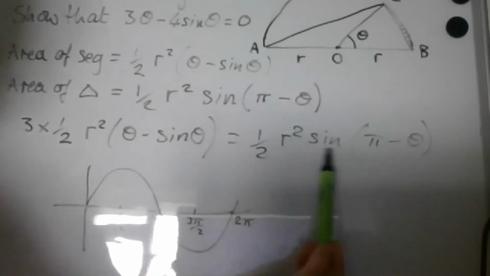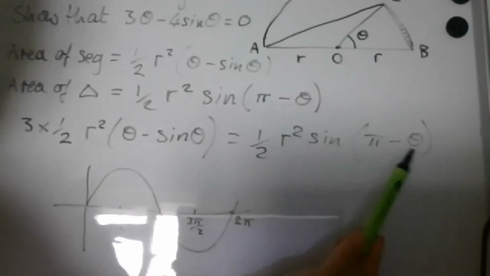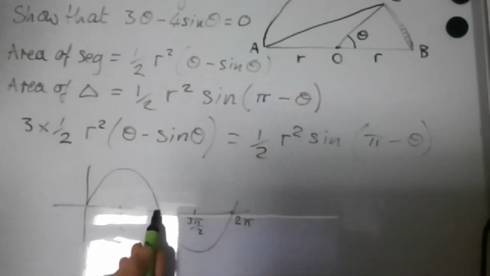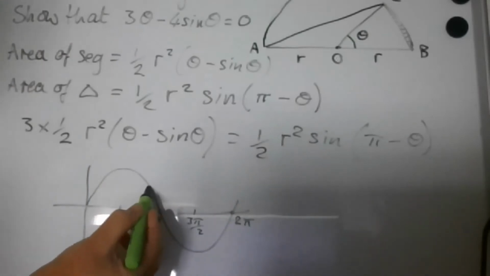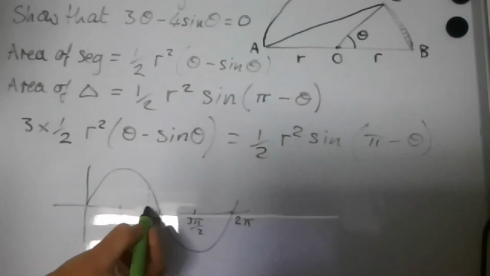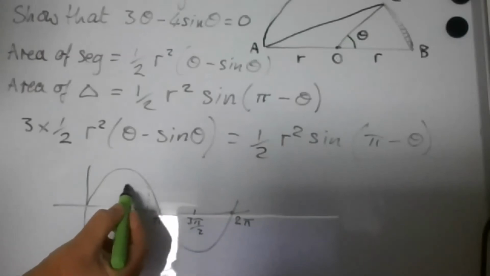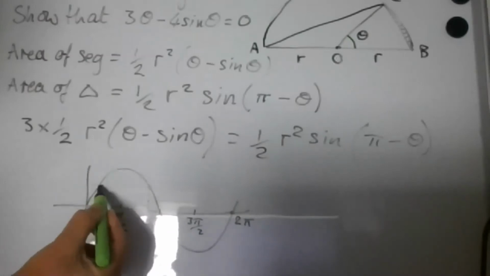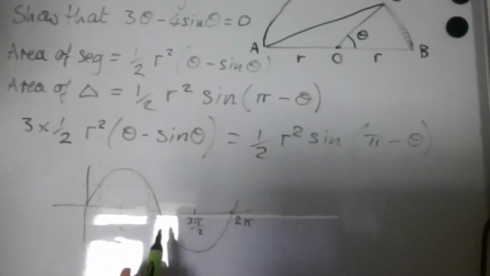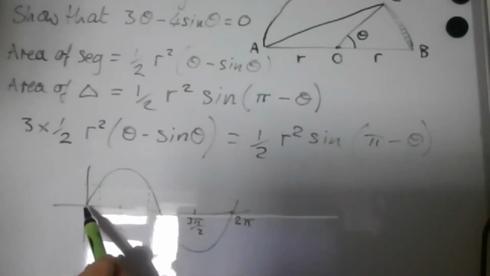And it says sine(pi minus theta). So that means sine(pi minus theta) are angles between there and there. So let's just take a random one, that one there. And if you take it across here, you can see that if this is pi minus theta, well, that is the same size as theta.